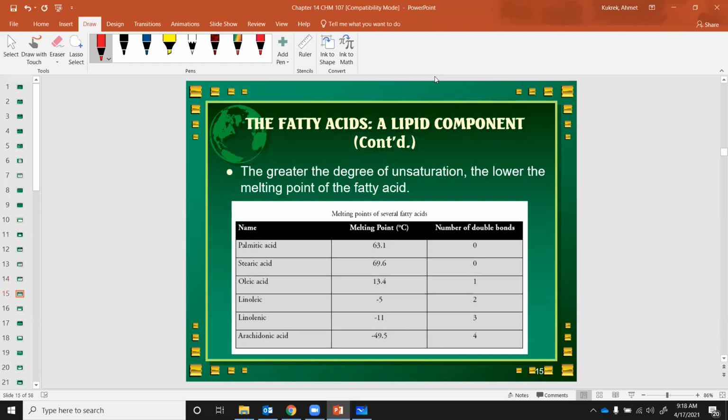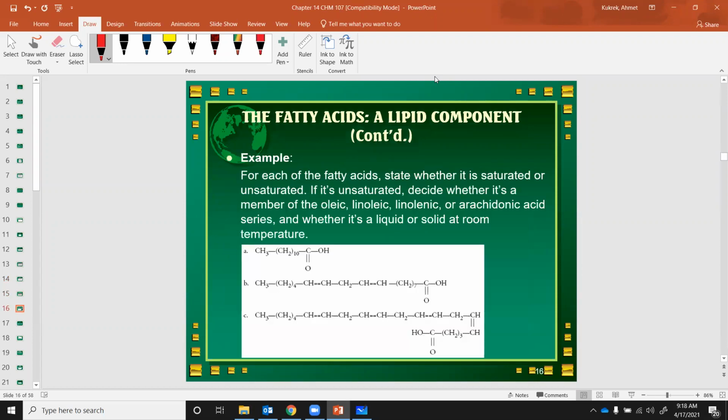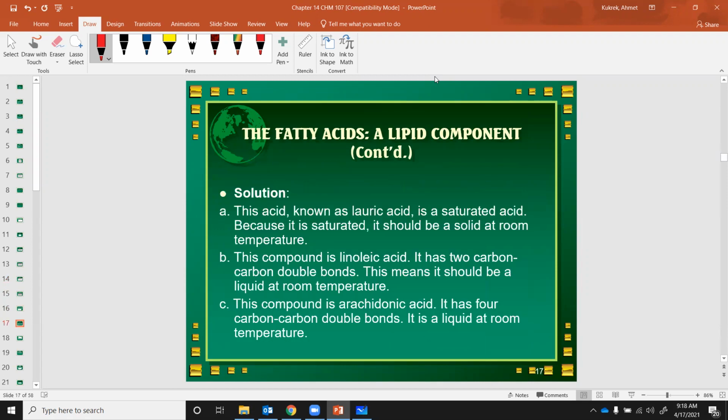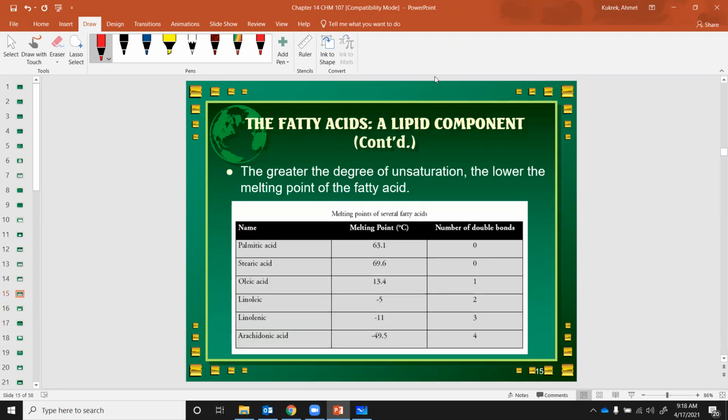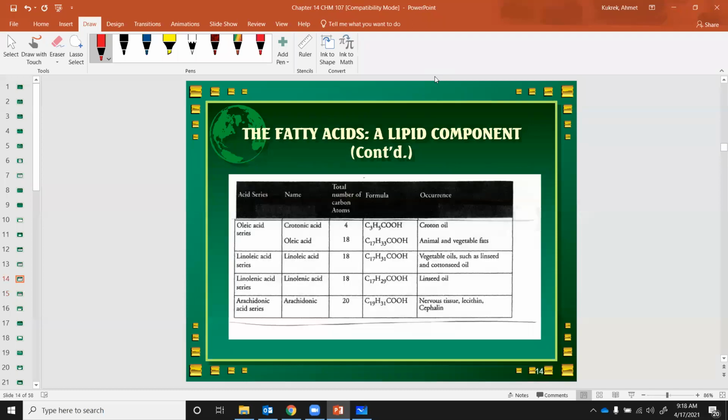The one thing here is, I didn't mention this on the whiteboard, but look at the melting point. Remember, how can you increase the melting points?